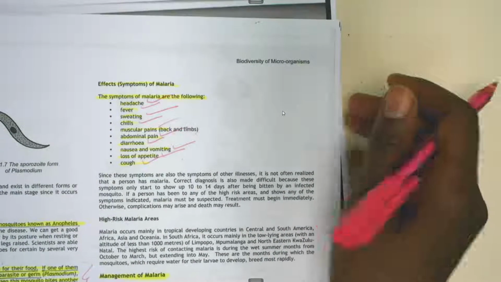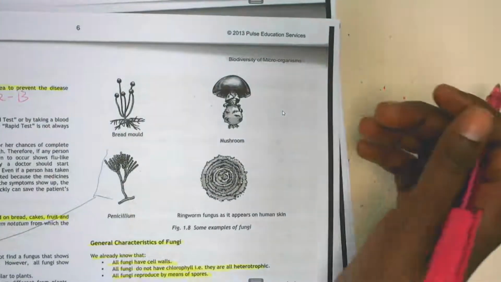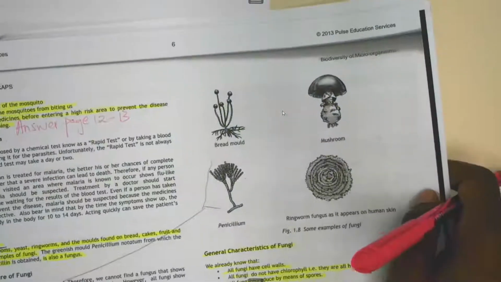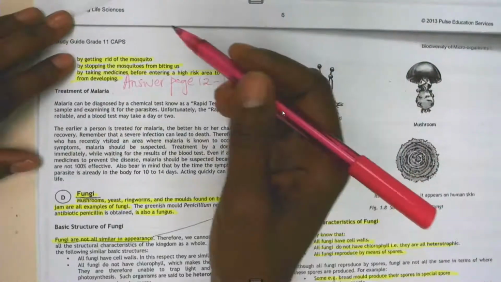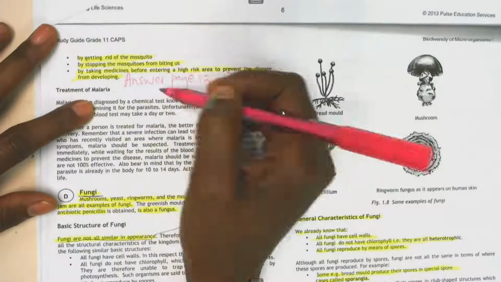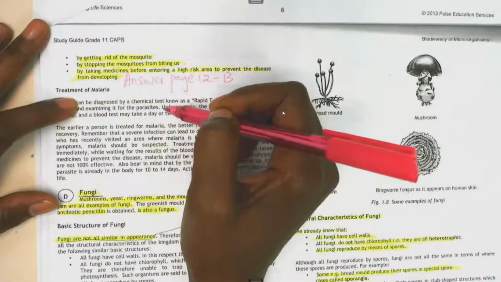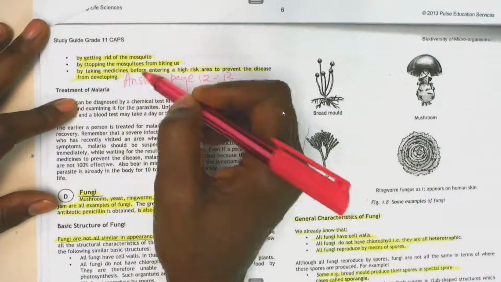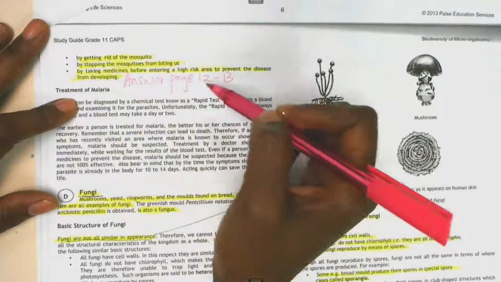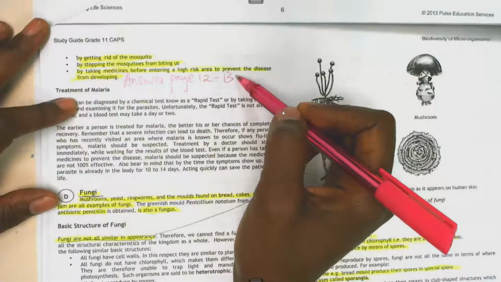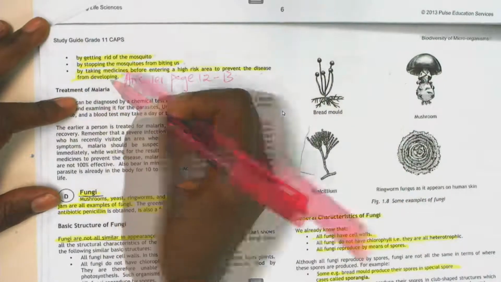And then let us look at management of malaria. How can we prevent malaria? We can only prevent malaria by getting rid of the mosquito, by stopping the mosquitoes from biting us, and also by taking medicines before entering a high-risk area to prevent the disease from developing.